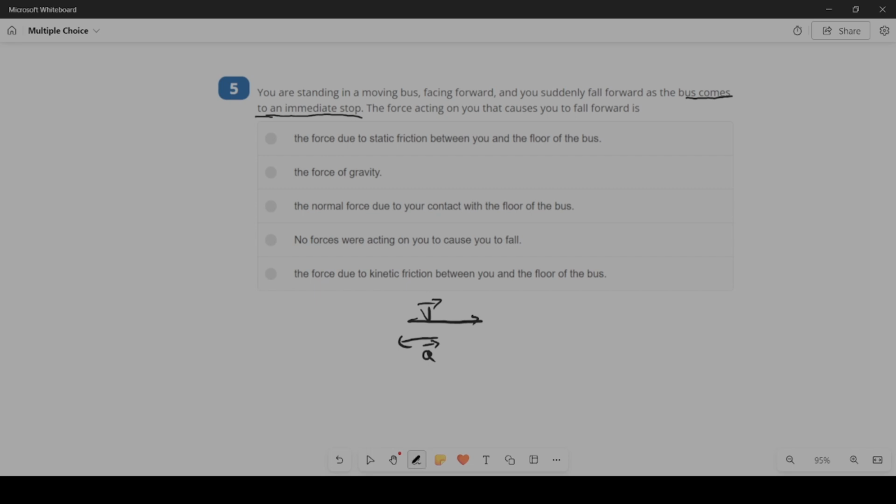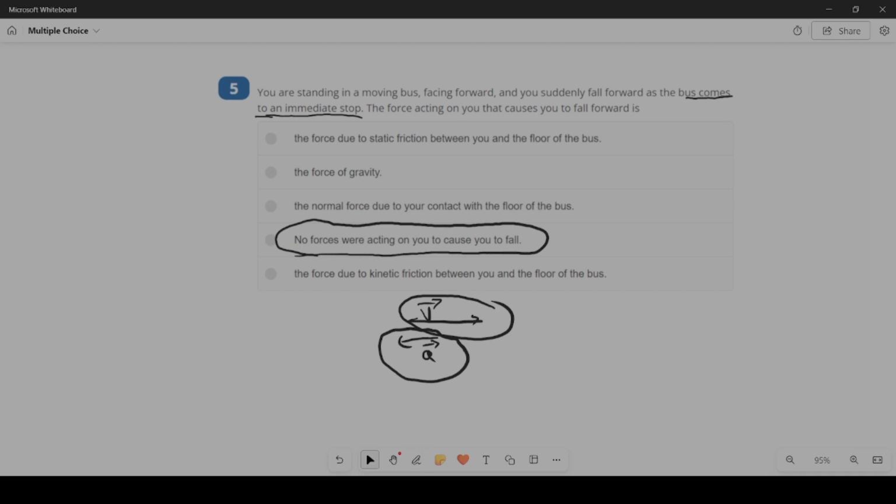So acceleration implies a force. Velocity does not imply a force. The one that is accelerating is the bus, so the one that is being subjected to a force is the bus. Therefore, no forces were acting on you to cause you to fall. So we have to pay attention to which objects are being analyzed in the moment.